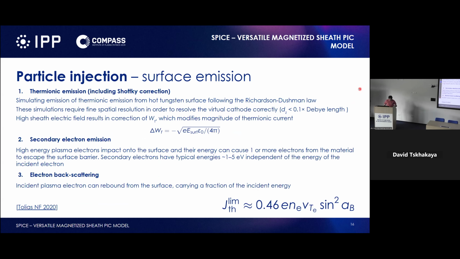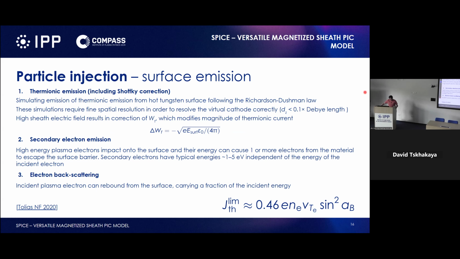Another important part of the particle injections is not the plasma itself, but the effects that the plasma-surface interaction has. Basically, if you insert any object in the plasma, it first heats up and then it is subjected to flux of ions and electrons. So three things can be caused from that.